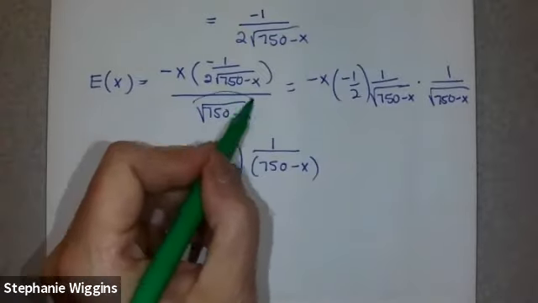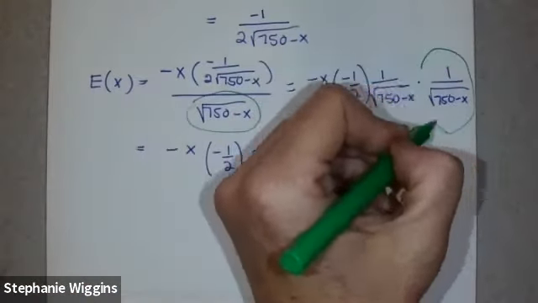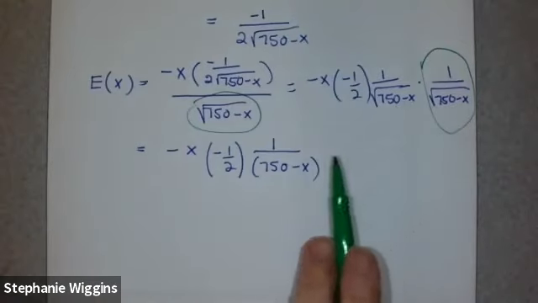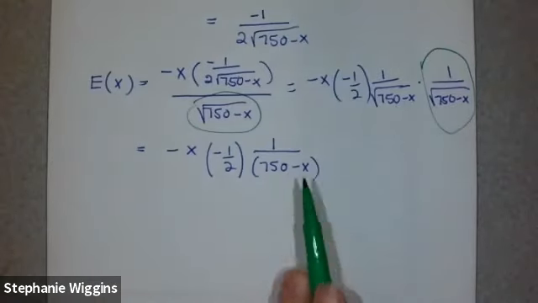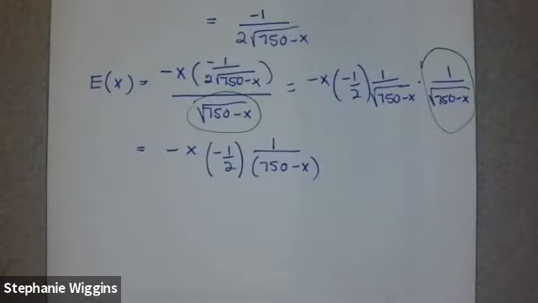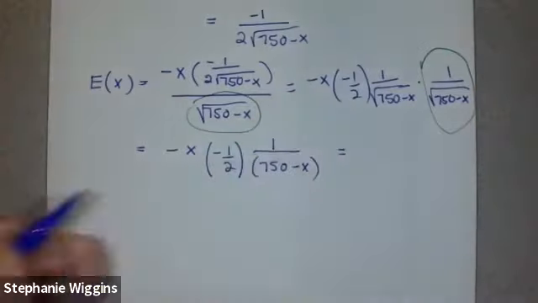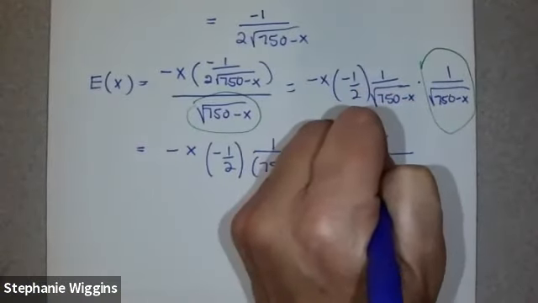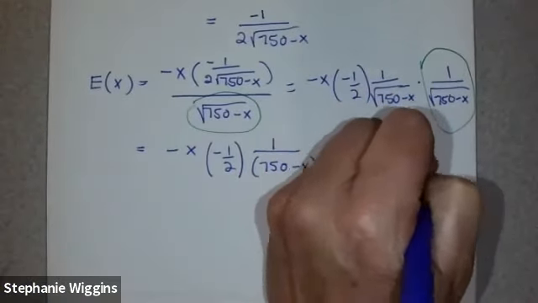And that's why when I take two square roots that are the same, I get just 1 over that. All right, now the negatives are going to cancel, and so this is going to become X over 2 times 750 minus X.